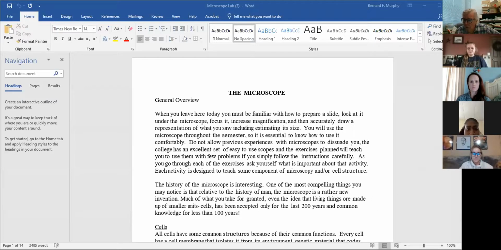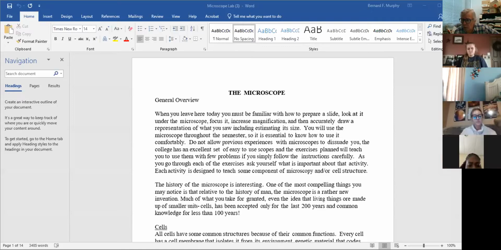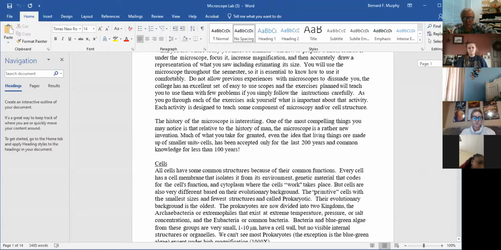I'm going to go over this and tell you what you need to know. There's a general overview of the microscope and the history of the microscope, but I'm not going to ask you questions about the history.